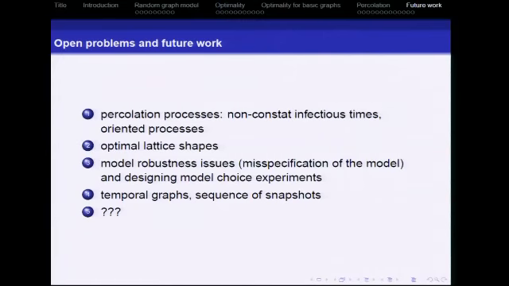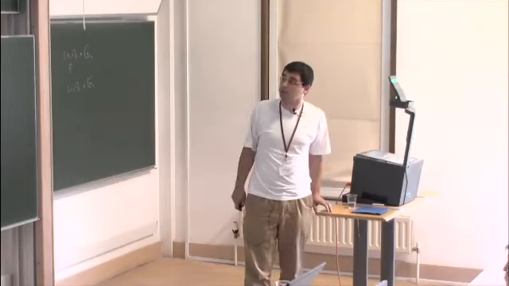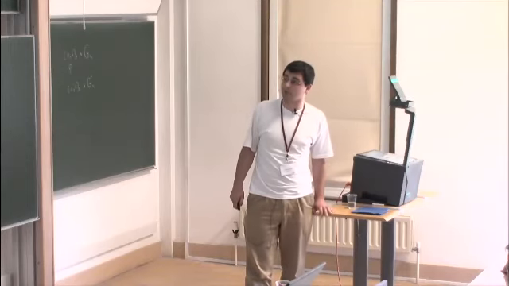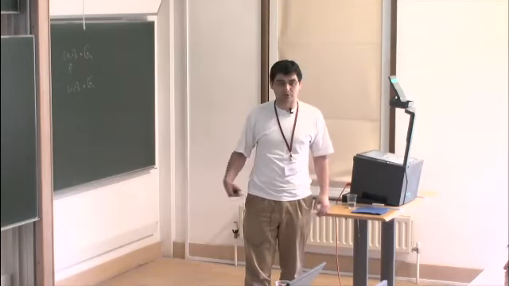The design can be considered in terms of the optimal lattice shapes. There is some work in my thesis as well. We assume, again, as it was said many times, this model. We believe it holds this family of distributions. But model robustness issues and misspecification of the models or designing model choice experiments would be good, especially for graphs.